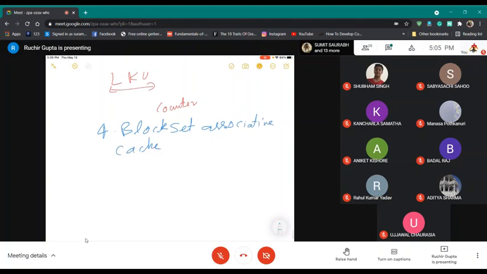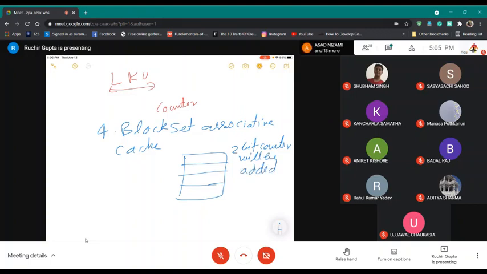With all these 4 blocks, a 2-bit counter will be added.